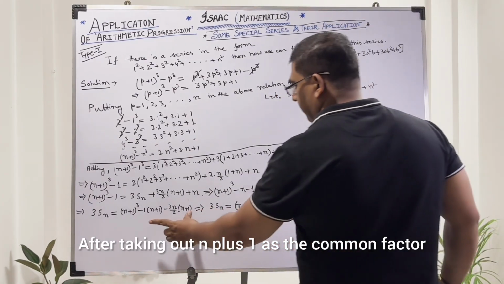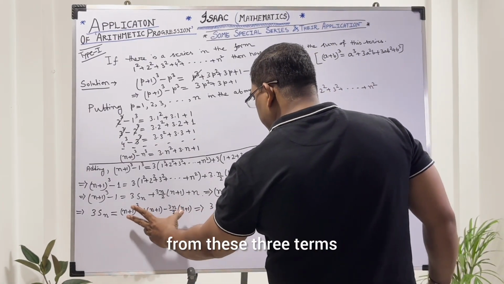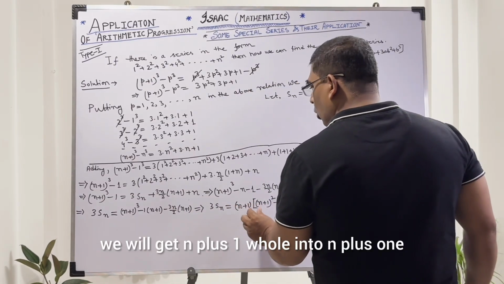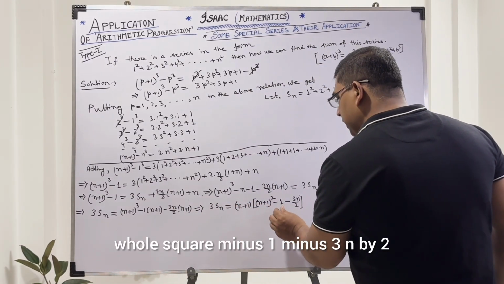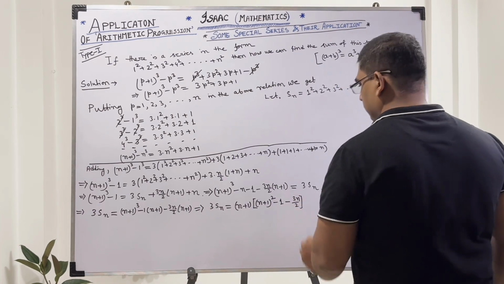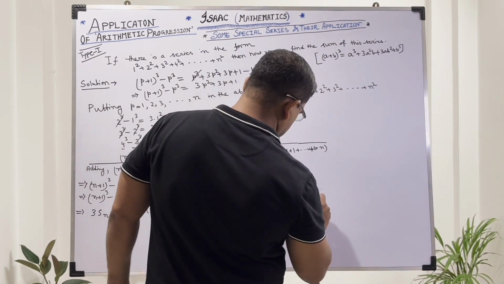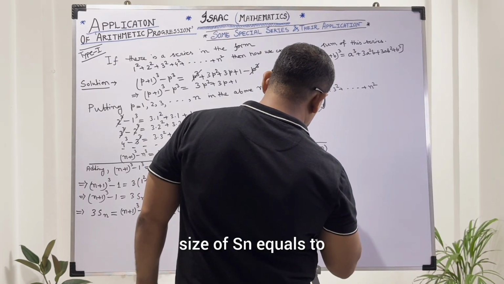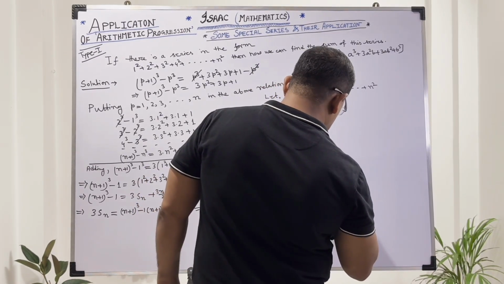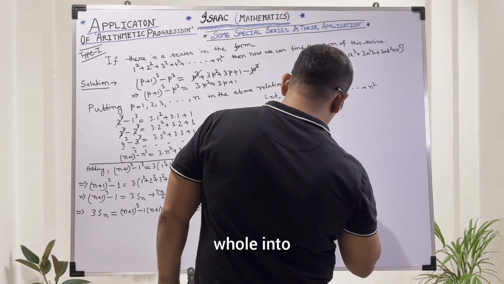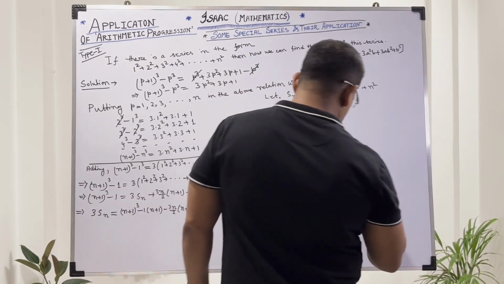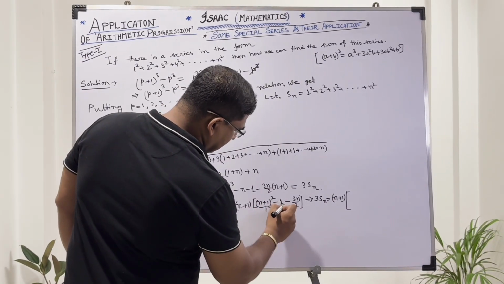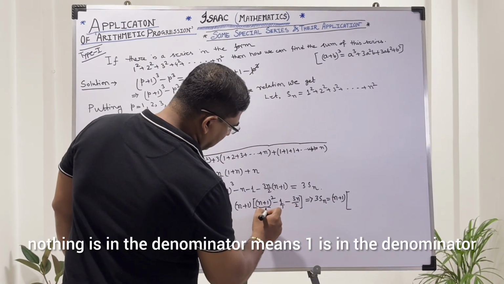After taking out n plus 1 as the common factor from these three terms, we will get (n plus 1) whole into (n plus 1) whole square minus 1 minus 3n by 2. This implies thrice of Sn equals (n plus 1) whole into, now if we find the LCM of these denominators, nothing is in the denominator means 1 is in the denominator.